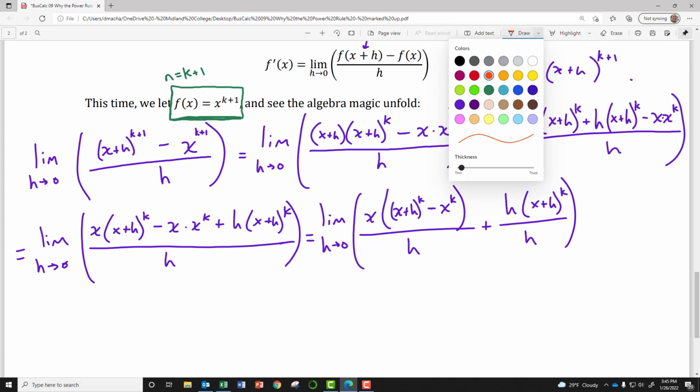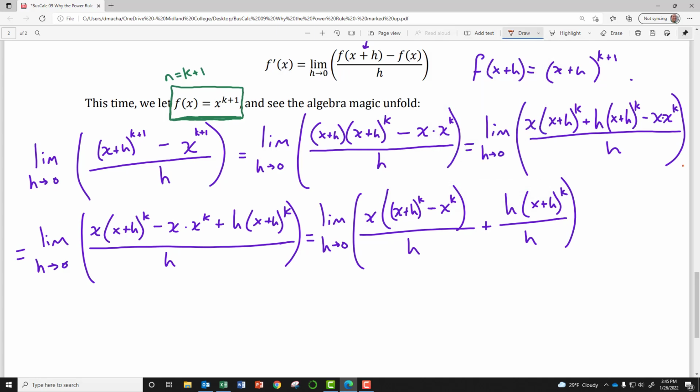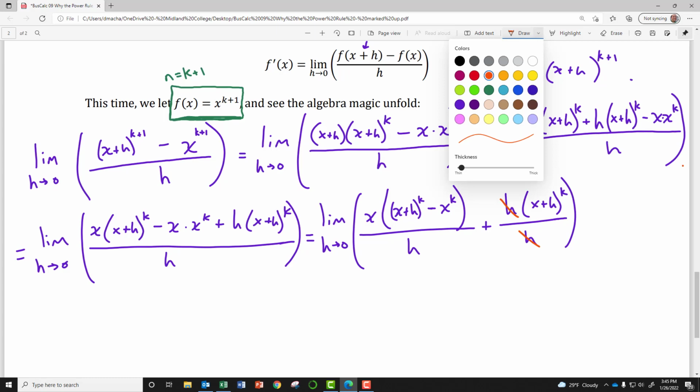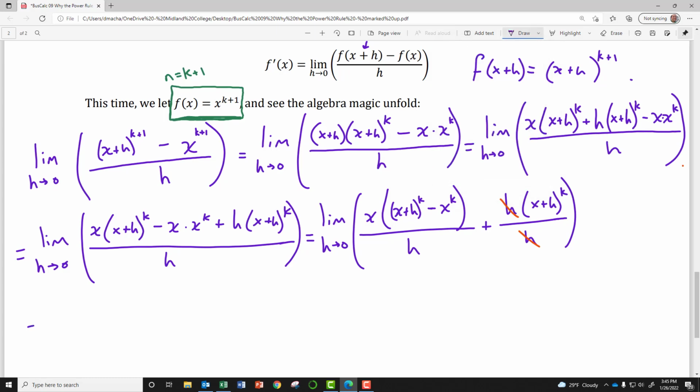And then, after I make this step, maybe some of you can already see that I'm going to be able to cancel this h in the numerator with the h in the denominator, so those factors cancel. All right, now let's see where we're at after I make that cancellation. I'm going to rewrite this as the limit as h approaches 0.